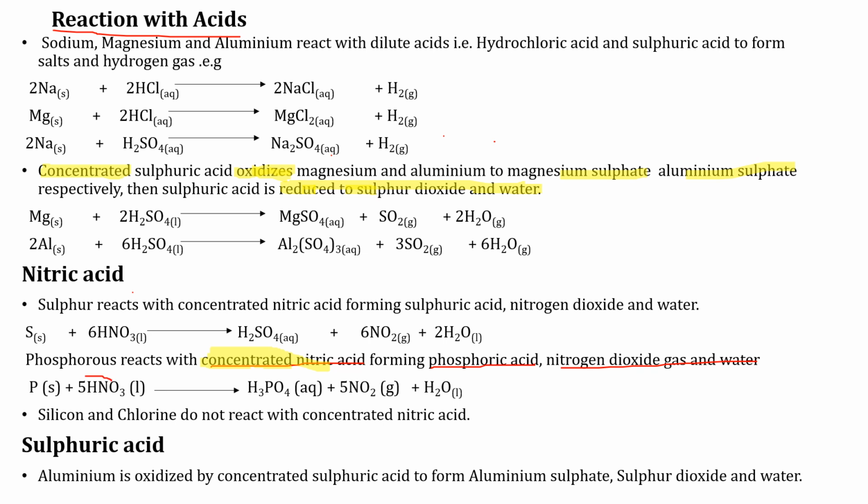Concentrated nitric acid, which is this one, oxidizes this phosphorus. So phosphorus is oxidized to phosphoric acid. And then the acid itself is reduced to nitrogen dioxide and water. That's how we write chemistry. So the statement for this equation is concentrated nitric acid oxidizes phosphorus to phosphoric acid, and the acid itself is reduced to nitrogen dioxide and water.